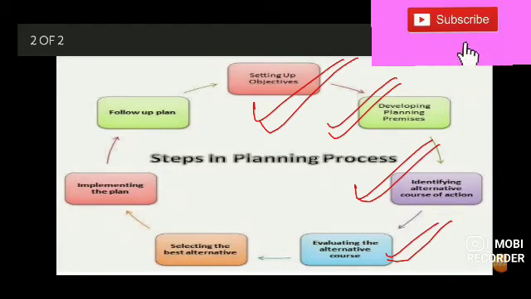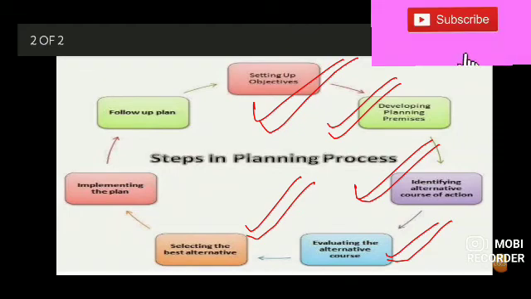We need to identify that, and after identifying we need to evaluate, and then after evaluation we have to select the best alternative, whatever is the best alternative available to adopt. That needs to be selected from the number of alternatives that we had in the starting.